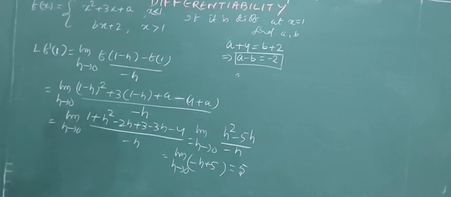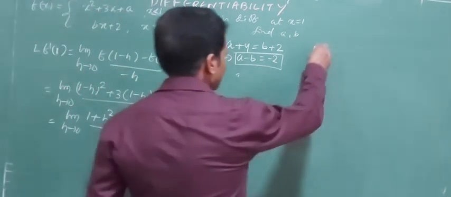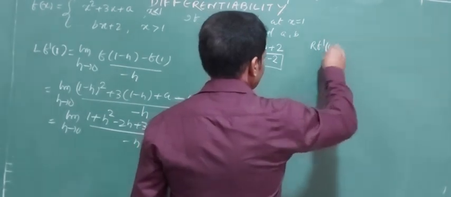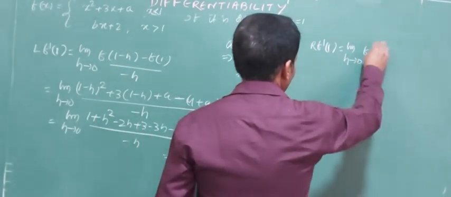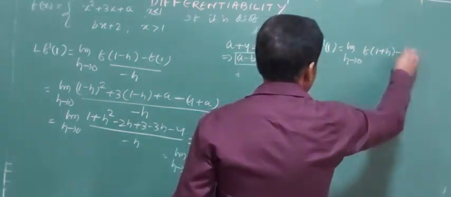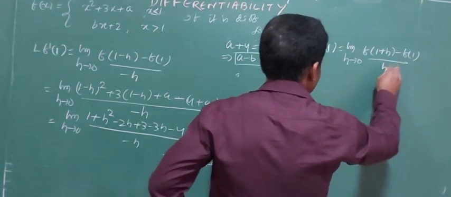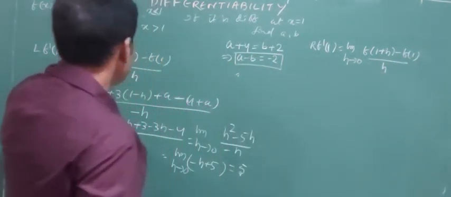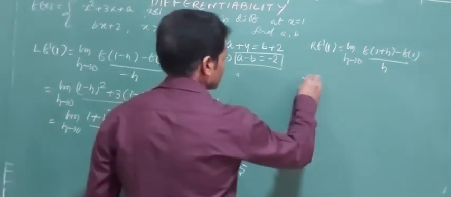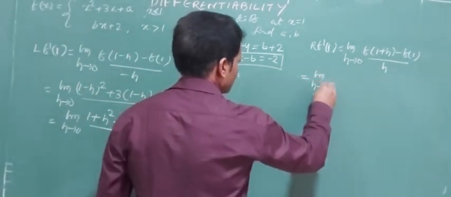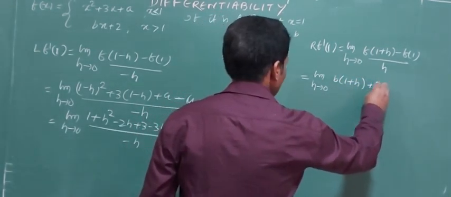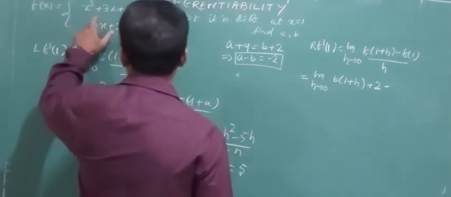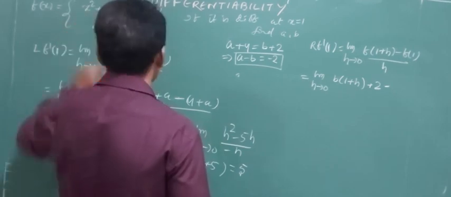Fine. Let's go to the right hand derivative. Limit h tends to 0, f(1 plus h) minus f(1) by h. Taking 1 plus h here, limit h tends to 0, b into (1 plus h) plus 2 minus f(1), where f(1) is 4 plus a.